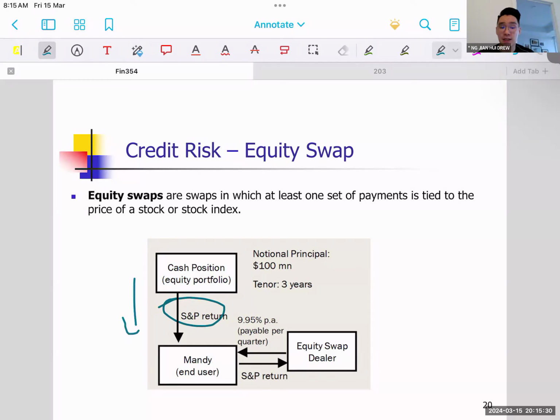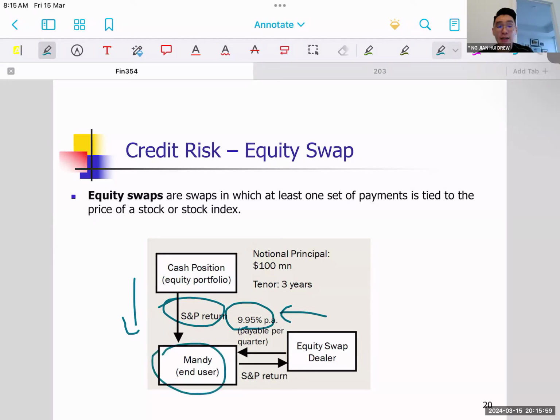However, maybe your client says, my view of the equity market is very dim. I feel that the equity market will not be doing too well in the next year. How about I enter into an equity swap to receive a fixed rate of 9.95% instead of getting the S&P 500 return? And so this is your client.